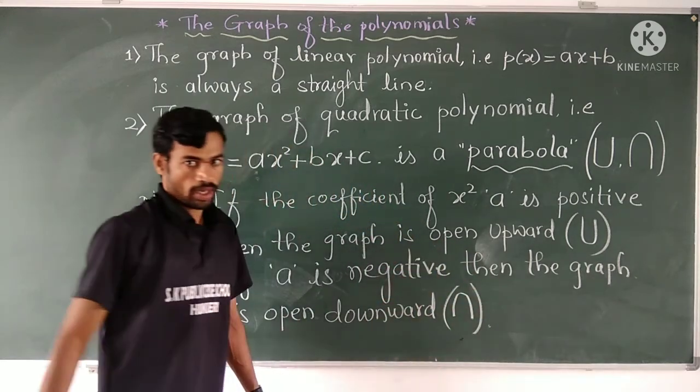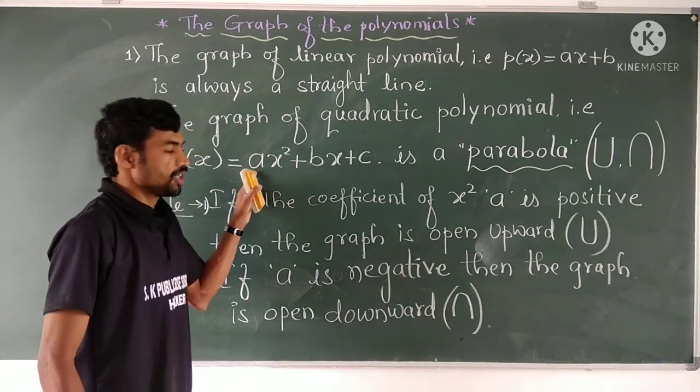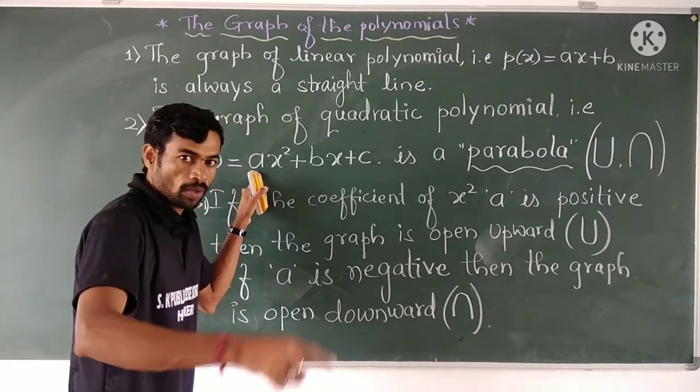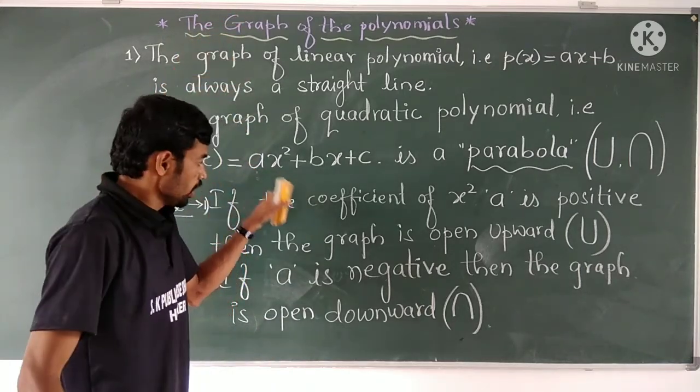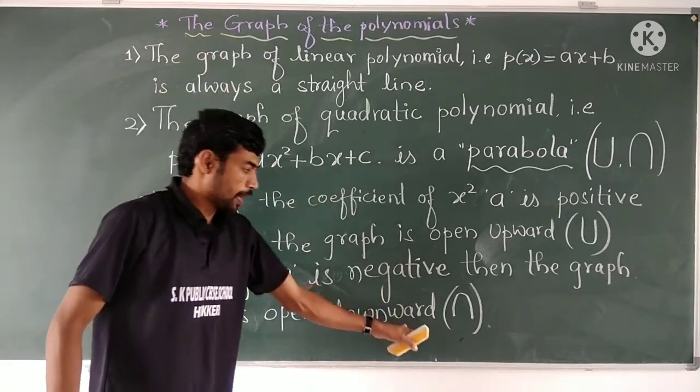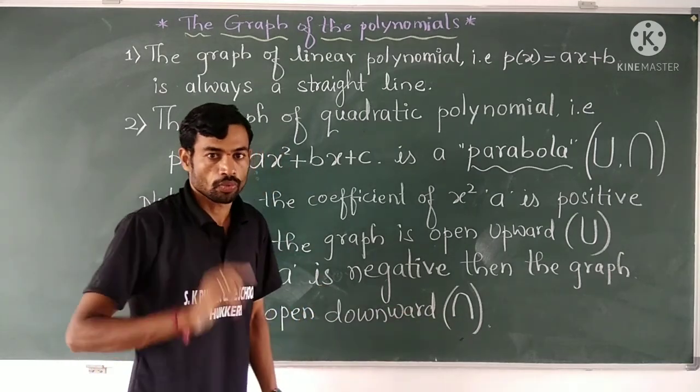Clear? So when a is positive, the parabola will be open upward. If a is negative, the parabola will be open downward.